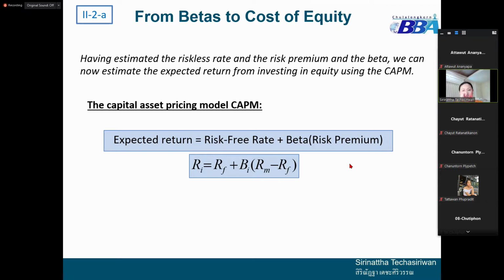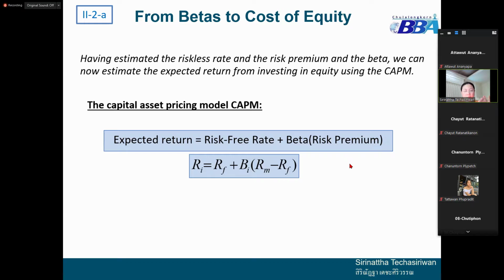Beta is the slope coefficient of the regression between the stock return and the market return. Or you can look at the data provided by a data provider. Normally, practitioners use the data provided by Bloomberg, right?